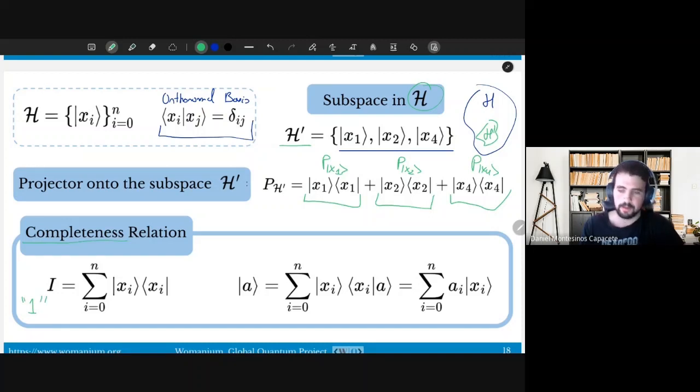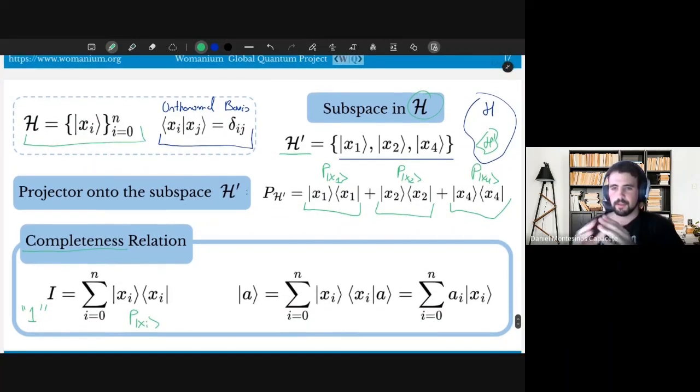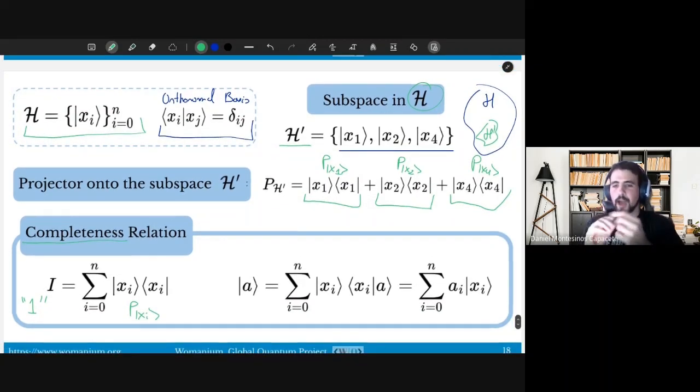If you multiply any matrix by the identity matrix, it stays the same, right? So if you have an orthonormal basis of your Hilbert space and you sum over every projector in your space, you get the identity.